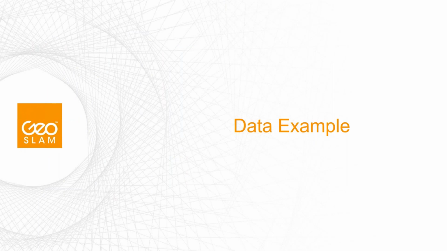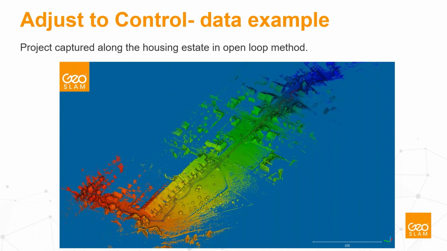So, data example. I thought that I will show you one example of the data with actual results already, not a workflow as such, just to give you an idea of the influence of rigid and non-rigid for that. This is a scan of the housing estate with the open loop method, where the start of the scan is here, the end finish is on the other side.